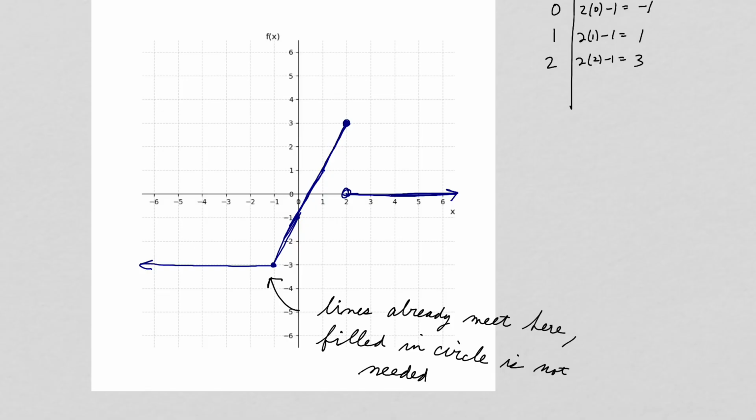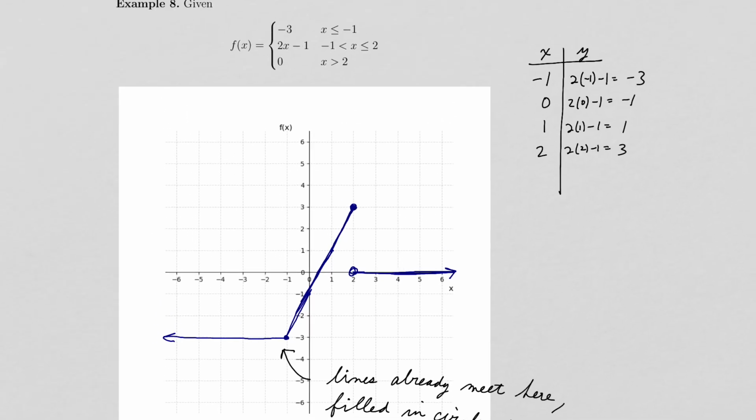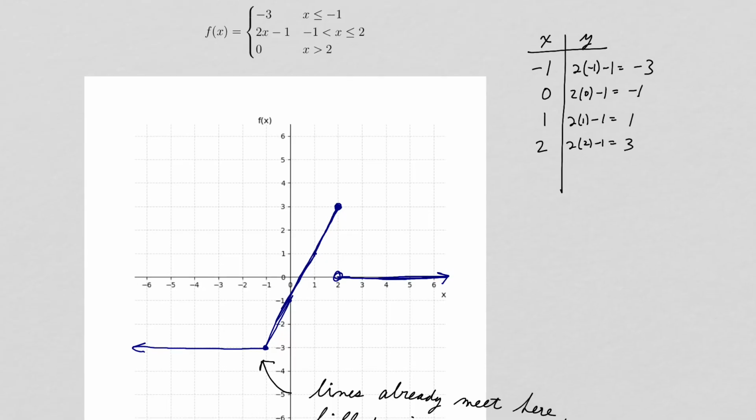Right, because the first piece, this piece right here, said when x equals -1, the output was -3. So that's right there. And then this piece says when x gets super, super, super close to -1, the output gets really, really, really close to -3. So those two lines actually meet there. And the point is you don't need, here, I'll erase it right now. You don't need that filled-in circle.